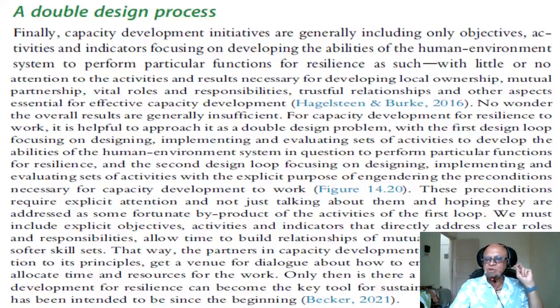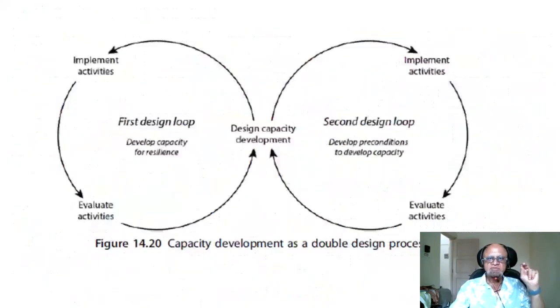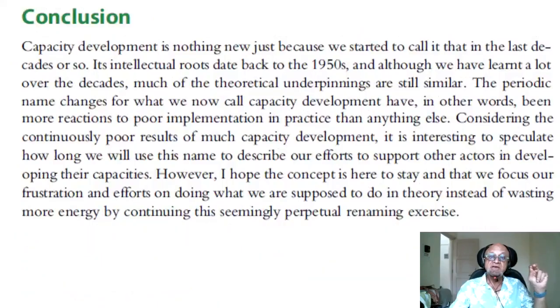Only then is there a chance that capacity development for resilience can become the key tool for sustainable development it has been intended to be since the beginning of the process of capacity development, which again is location specific, which means culture specific as well, hazard specific, risk specific, right?